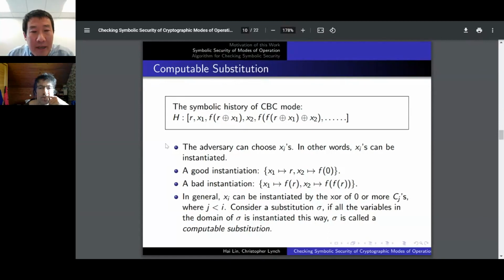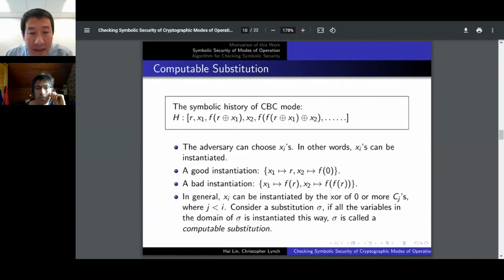So if we map X1 to be R and X2 to be f of 0, that's a good instantiation, because by the time the adversary tries to generate X1, which is the first plaintext block, the adversary already knows R. And by the time the adversary tries to generate X2, the adversary knows f of R XORed with X1, but we can set X1 to be R. So f of R XORed with R is f of 0.